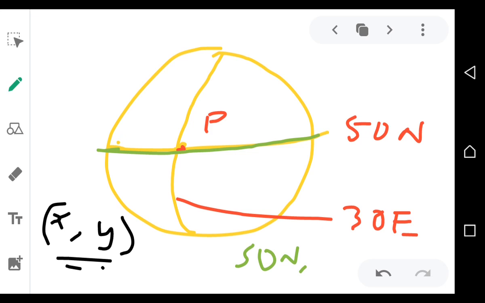The y coordinate is the line in this direction. On the number line, the lines that come from on top going downwards are y coordinate lines.